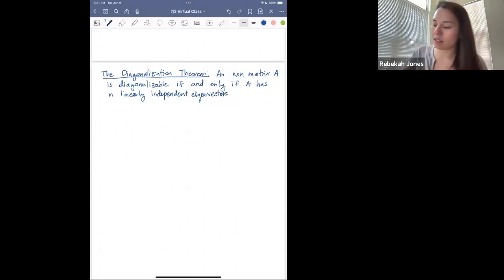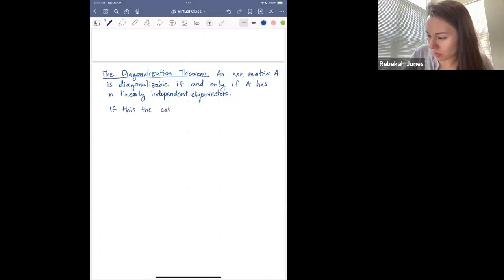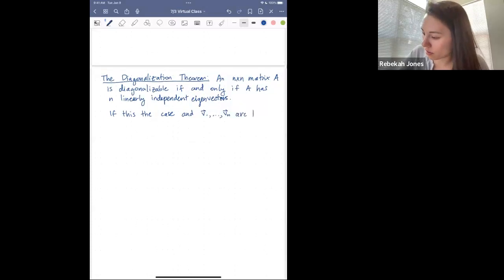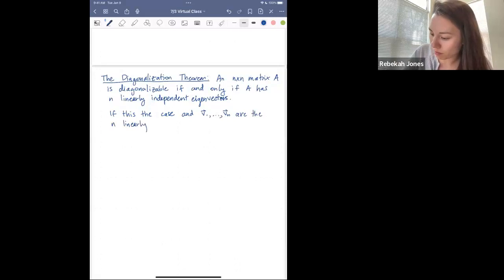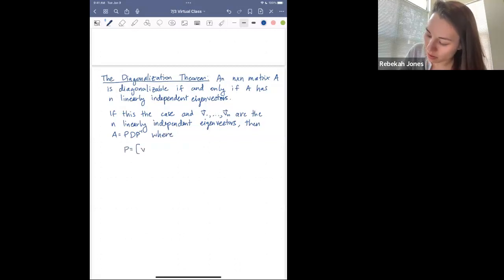Okay. And if this is the case, and let's say v1 up to vn are n linearly independent eigenvectors, then how we form this, the P times D times P inverse, is first of all, P is going to be the matrix of those linearly independent eigenvectors, right?